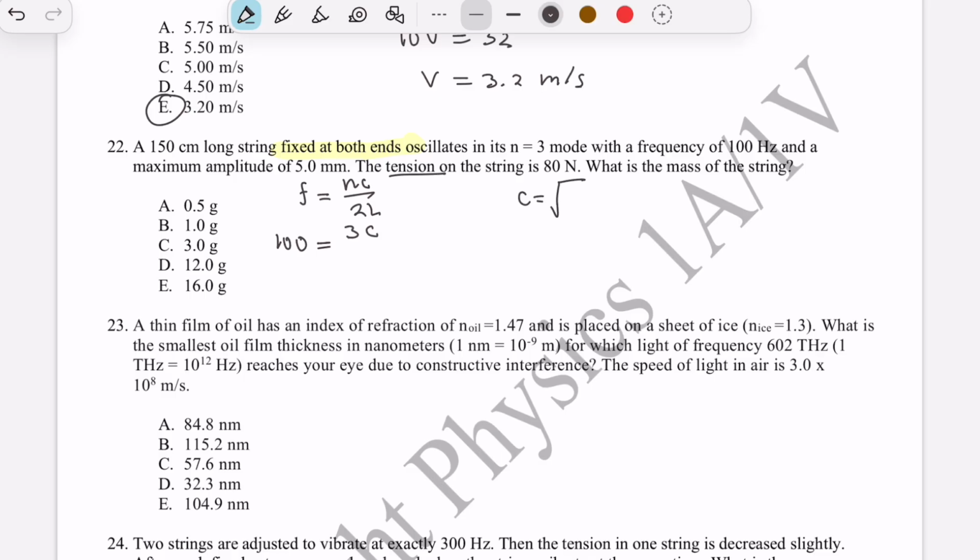C equals root T over the linear density. So I know I need to find the components here in order to find the mass, which is coming from the linear density, right? So I know I need to find C because I know T already. So this is 2, the length is 1.5 meters. So C is 100. So 100 equals root 80 over mu.